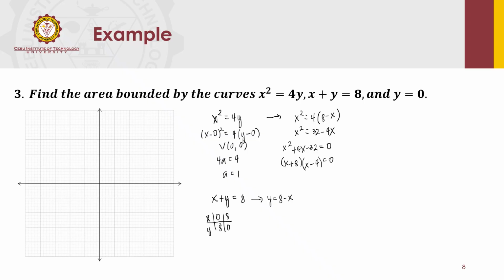So x equals negative 8 and x equals positive 4. And then solve for the corresponding values of y. At x equals negative 8, y is 8 minus x, so 8 minus negative 8, or that's 8 plus 8, or 16. And at x equals 4, y is 8 minus 4, or 4.